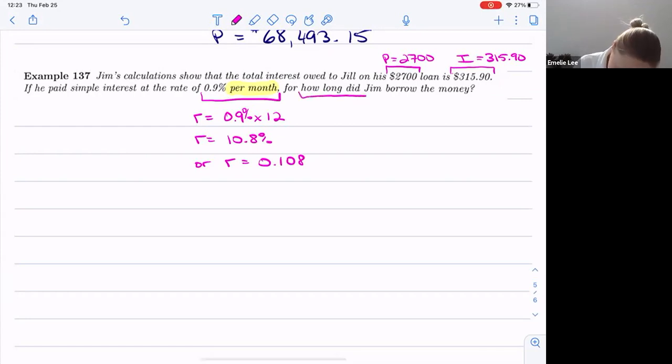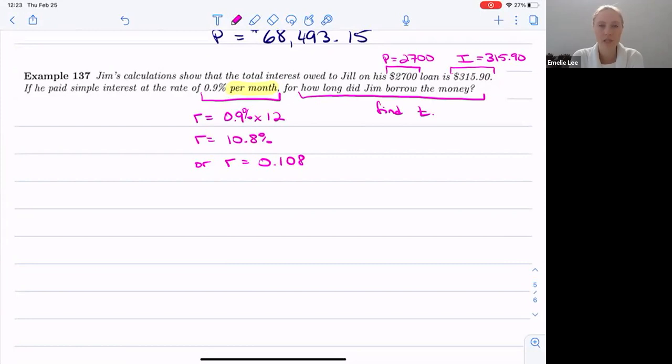And then we're asked to find T. Again, because I'm given the amount of the investment and I have P, I could go ahead and use that future value equals P times 1 plus R times T formula. But in this section, we are just using the I equals PRT formula.